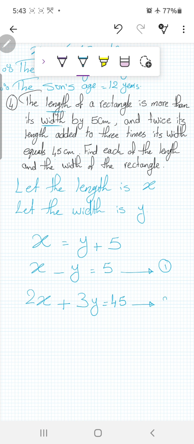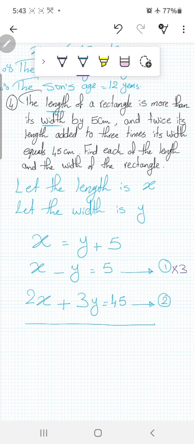And this is equation number 2. Okay, here we have the two equations under each other. Here coefficients 1 and 2, negative 1 and 3. So multiply equation 1 by 3.